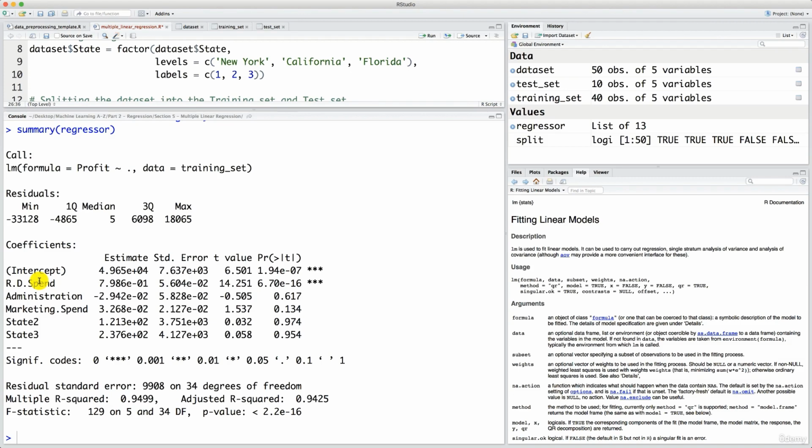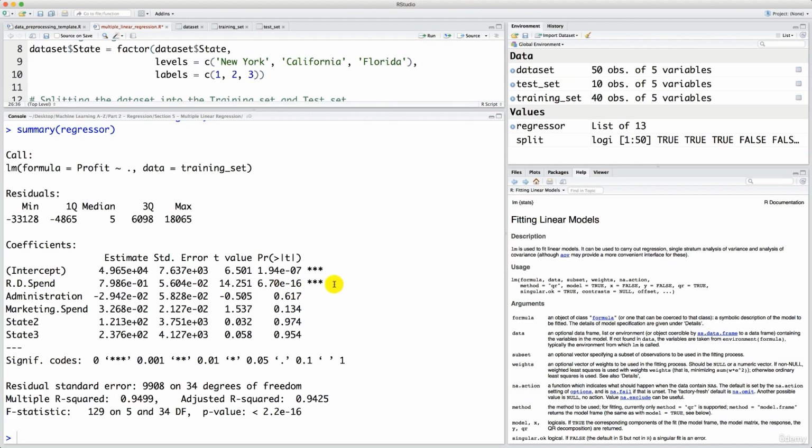So that's a very important information for our investors because they now know that they shouldn't only be looking at the profit itself, just looking at the maximum profit to decide where to invest, but also they should be looking at the R&D spend variable. They should be looking at the amount spent in R&D to add another criterion in their investment decisions.